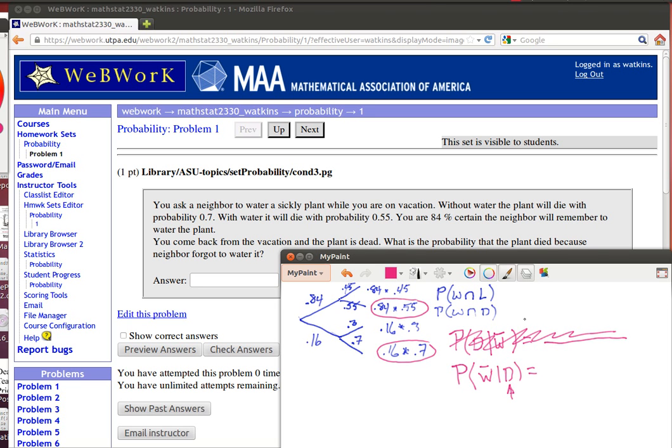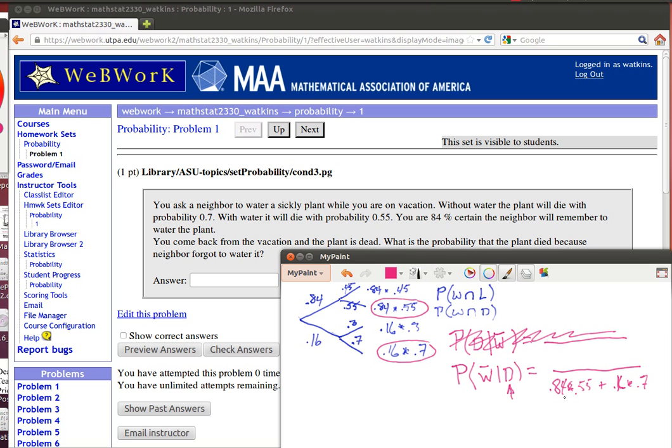That's our situation. So what we're interested in doing here is counting up all the ways that the plant could have died. That would be 0.84 times 0.55, plus 0.16 times 0.7.